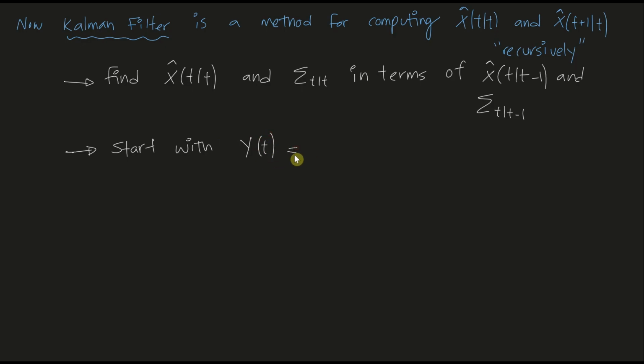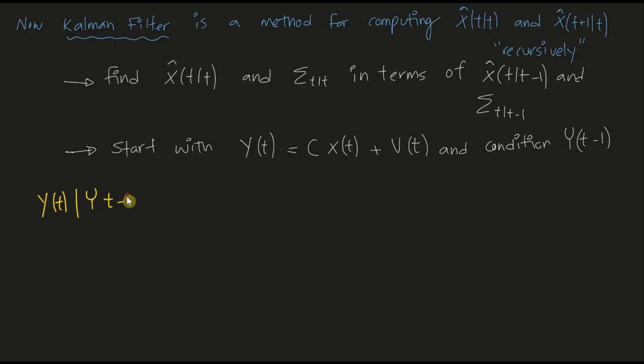And we start off with the output of this system, and we are going to condition the output at the current time step on all the outputs at previous time steps. So condition on y t minus 1. And so we have this conditionality statement, c x t given.